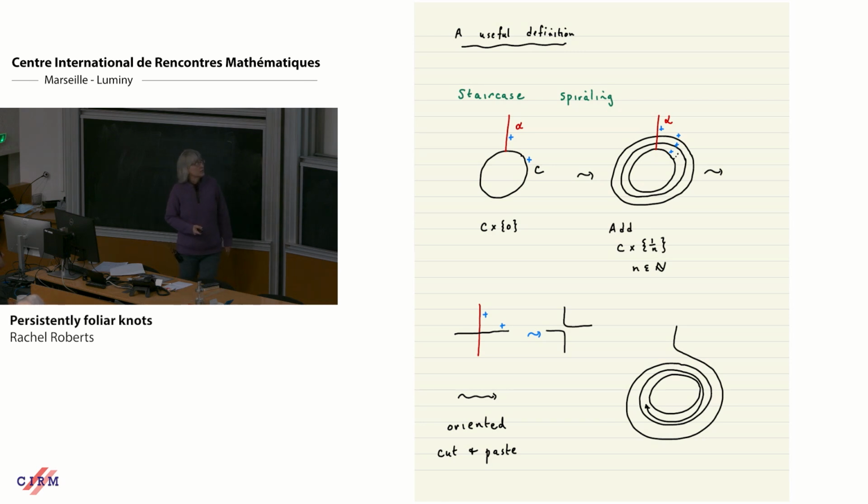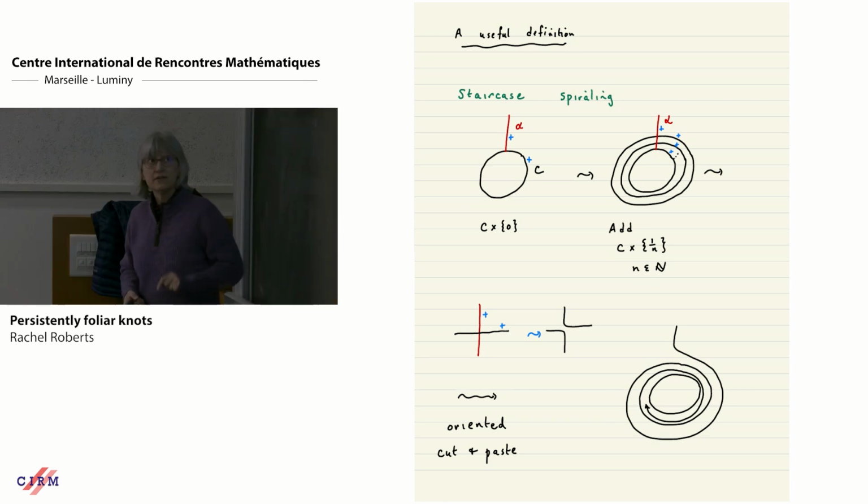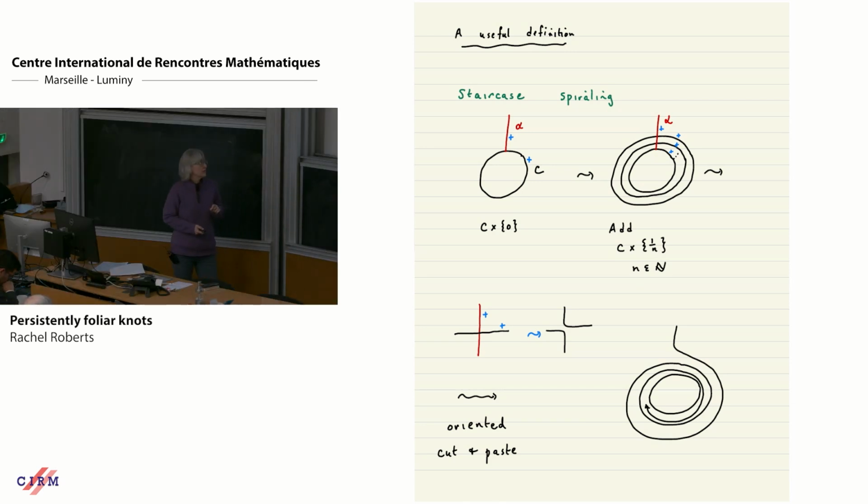Now this alpha intersects all of these added circles in its interior. So we can do cut and paste as we've described right here. At every intersection, of which there are countably many, we're just going to remove the intersection in a way that's prescribed by the orientation.